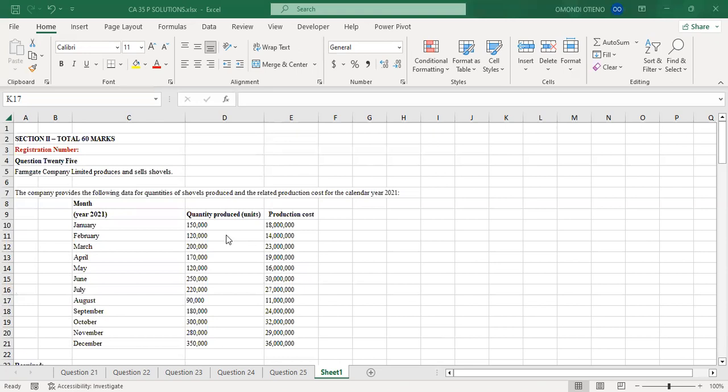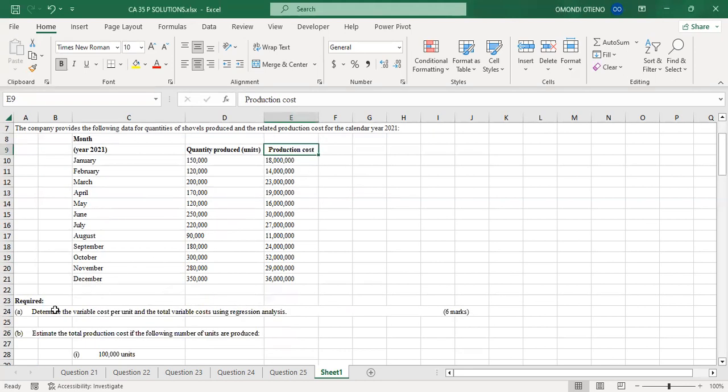So if you look at this question, remember we have been given quantities and production costs. So we do not know what amount in the total production cost is going to form our variable costs, and therefore we want to use the regression method to solve this question.